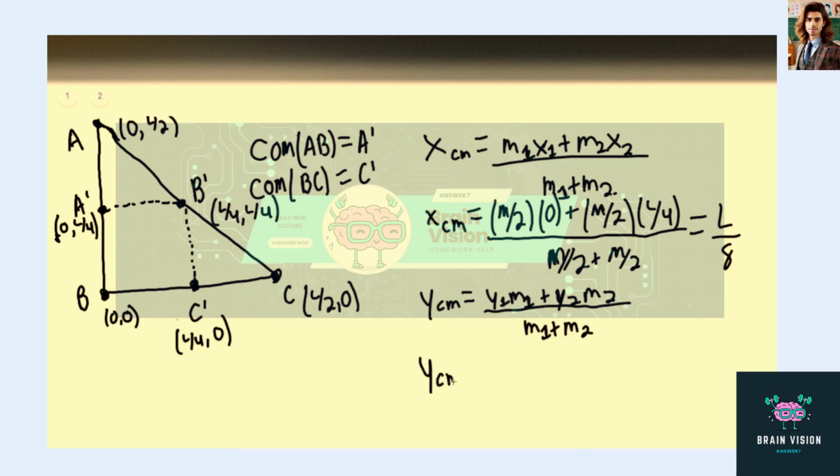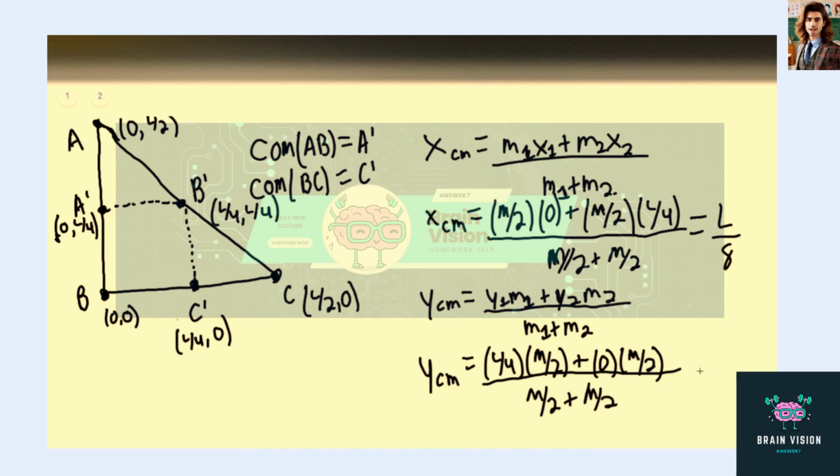So the y coordinate of the center of mass is going to be L over 4 times m over 2 plus 0 times m over 2, all divided by m over 2 plus m over 2. And again, this is going to be L over 8.